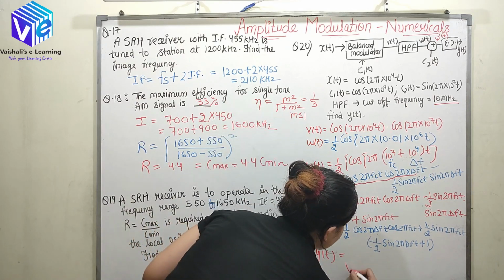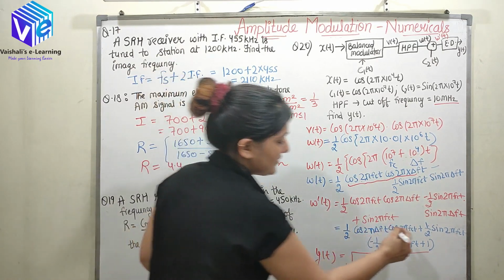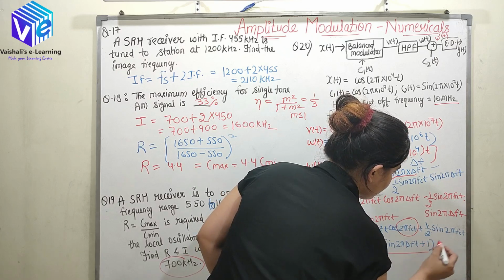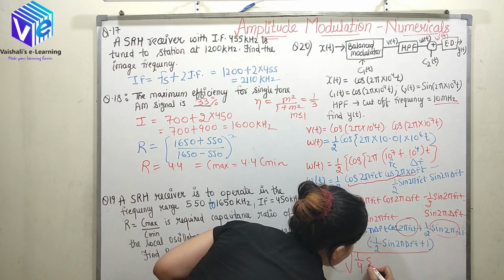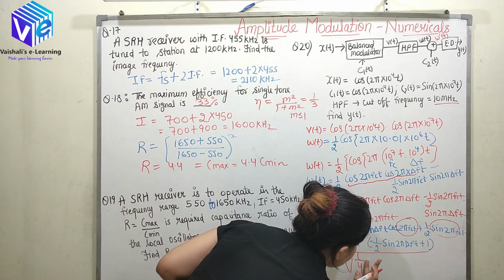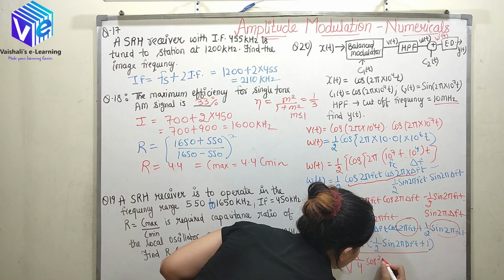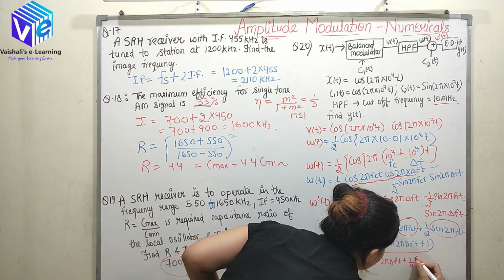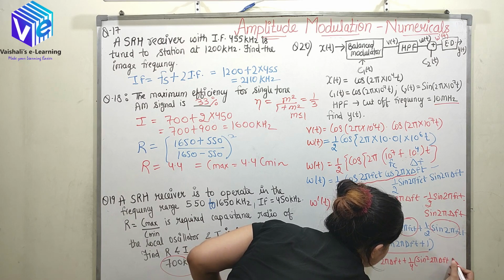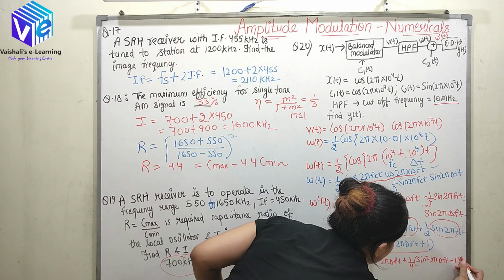So y of t is equal to under root. So this is my carrier. So now amplitude would be 1 by 4 cos square 2 pi delta ft plus 1 by 4 sine square 2 pi delta ft plus minus 1 square.